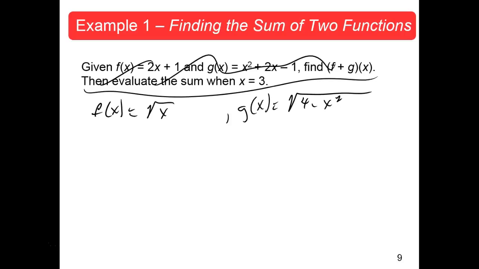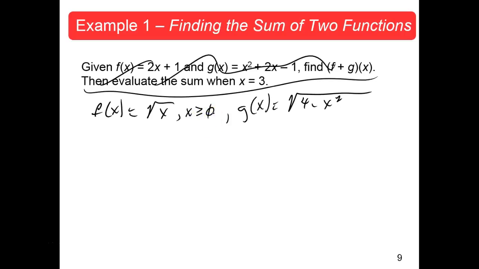For your f, what are your limits in that domain? How can you write it in math speak? Symbols. X, if it's not negative, it has to be greater than or equal to 0. Got it.